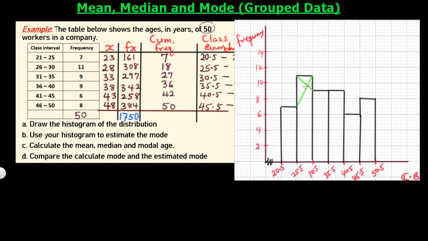Now you go to where this meets, you trace it down. We are estimating. That's why the question is always estimate, but you must try as much as possible to make it right.